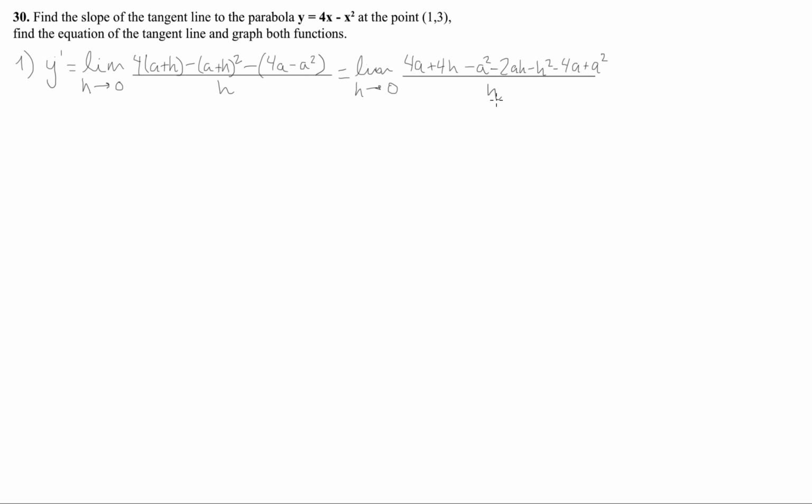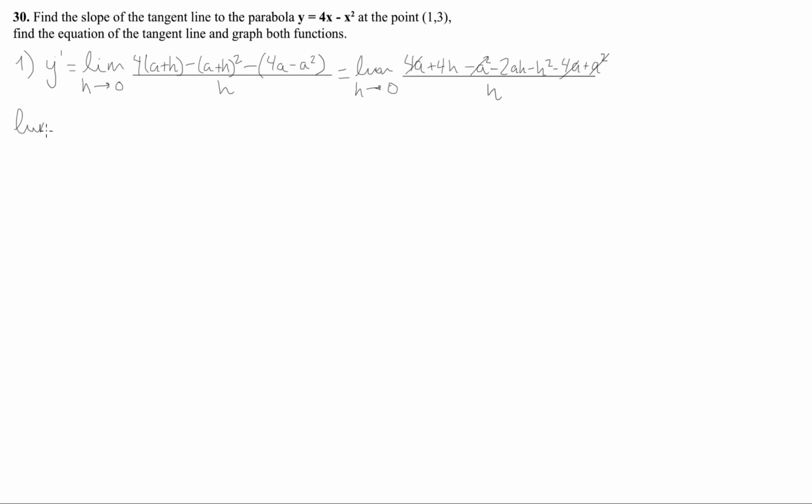As we said in the class, we're going to cancel all of the terms that don't have an h, since we need to factor out an h so we can cancel the denominator. We are also canceling a squared and this a squared. We have to check that every one of these terms has h so we can factor out this letter and cancel with the denominator.